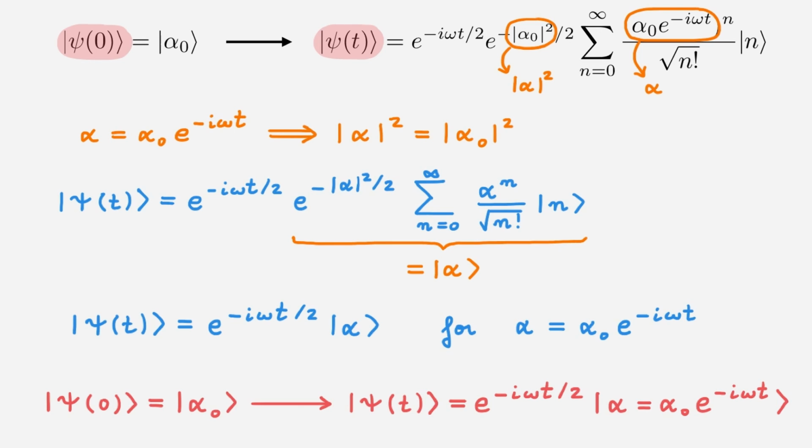And remember that a global phase factor like this one here does not change the physics. This takes us to the key result relating to time dependence. A coherent state stays coherent at all times.